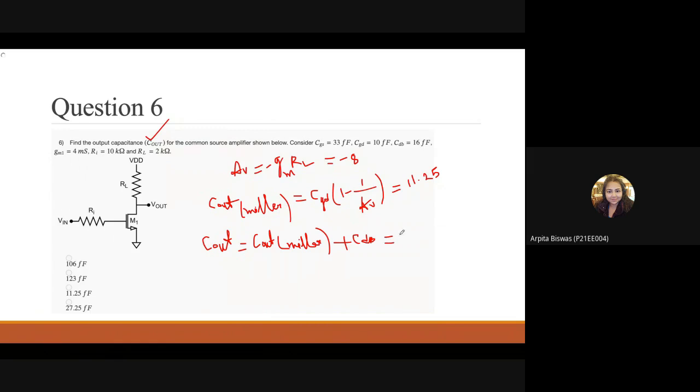C output Miller equal to 11.25 plus CDB. What is the value of this CDB? CDB is 16 femtofarad. So what is the value? 27.25.